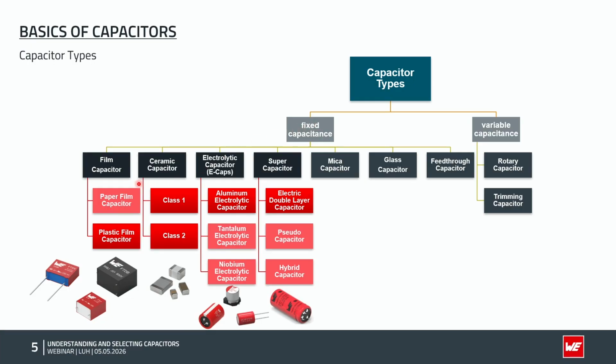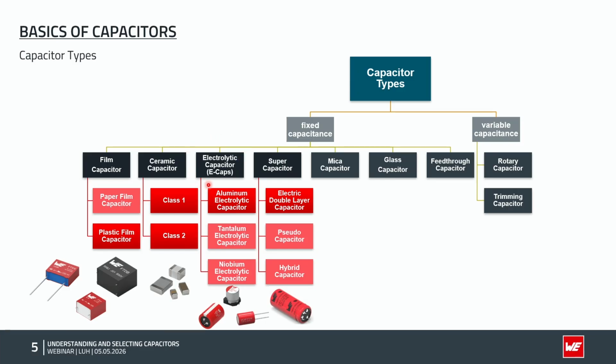So today we will speak about the ones with fixed capacitance. For example, the film capacitors, you can see here the paper film capacitors and the plastic film capacitors. We cover here the plastic film capacitors. Then we have the ceramic capacitors with class 1 or class 2 ceramics.